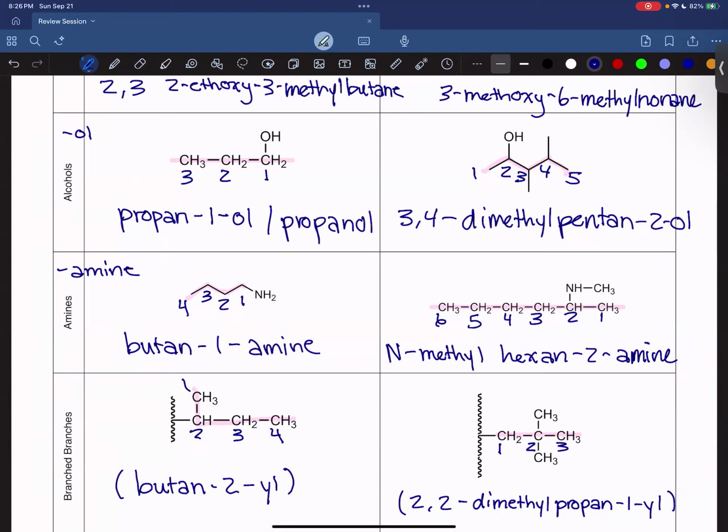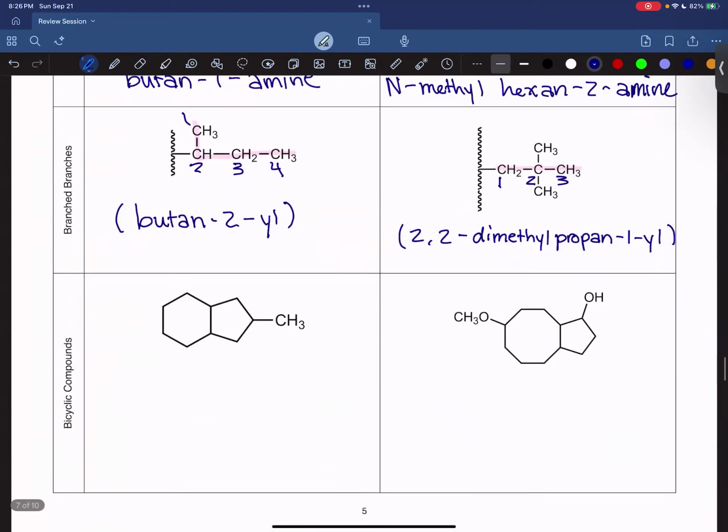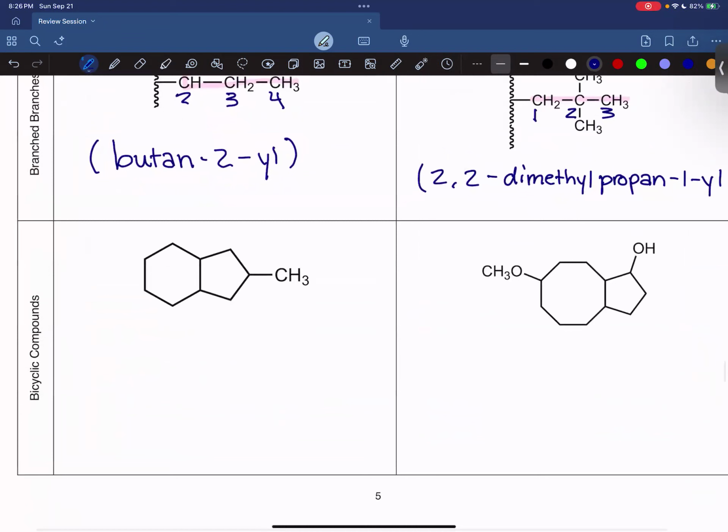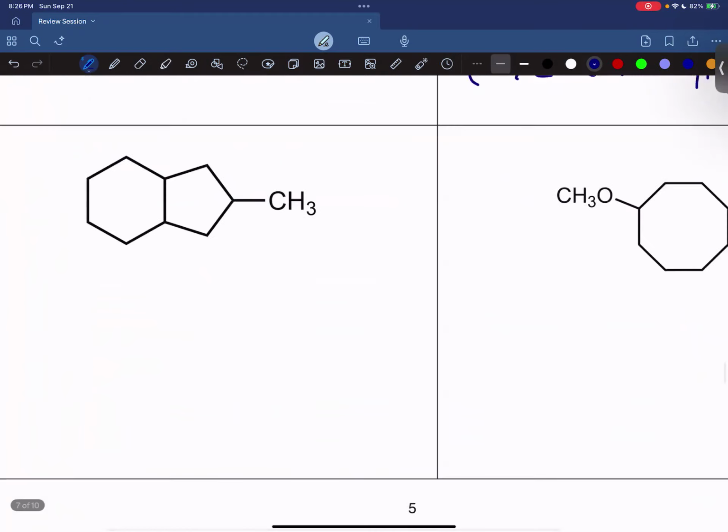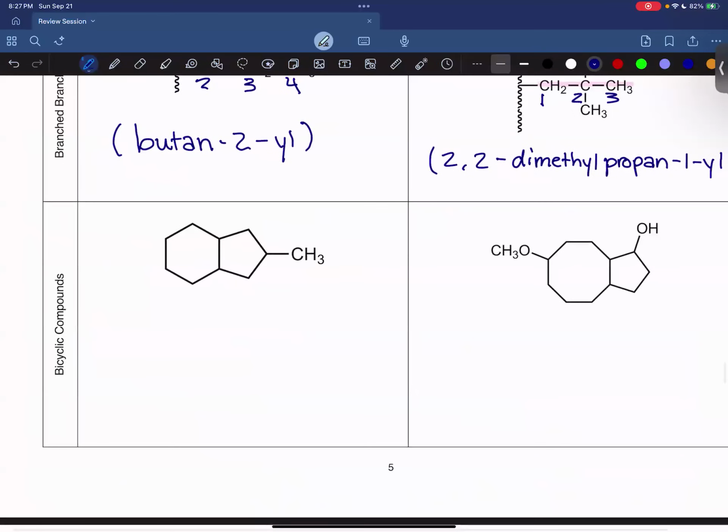Okay, other questions? Okay, now we're going to get into bicyclic compounds, and we definitely want to pay attention for this because I know that we've not really gone over this in class, at least not in Dr. Burr's class, and this might be on the exam, it might not, but in general, it's just a really good thing to know.